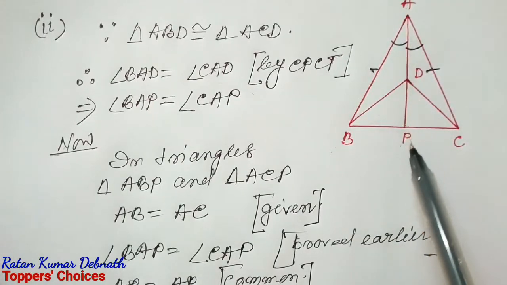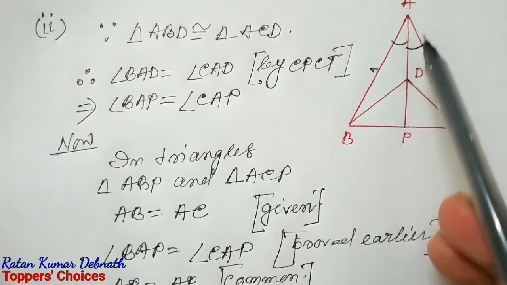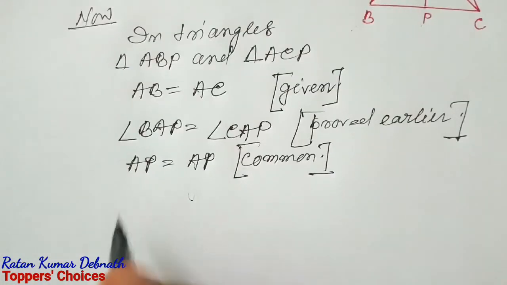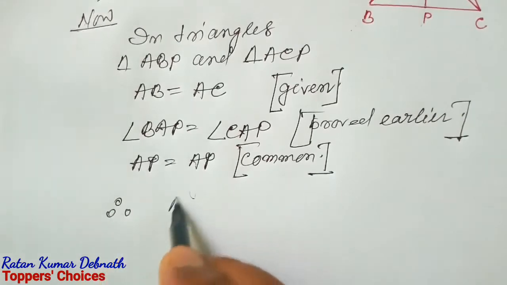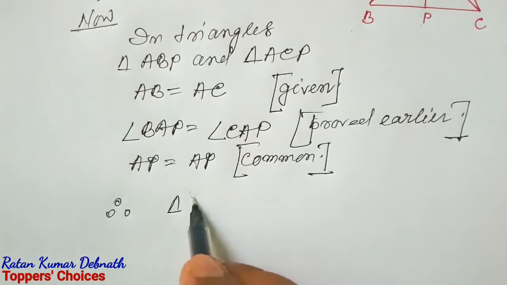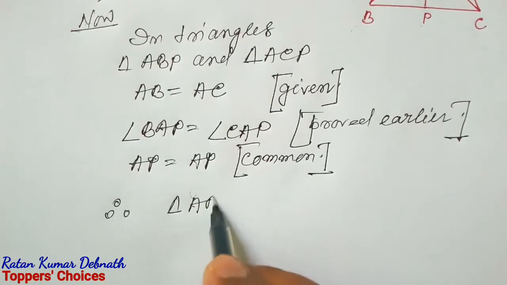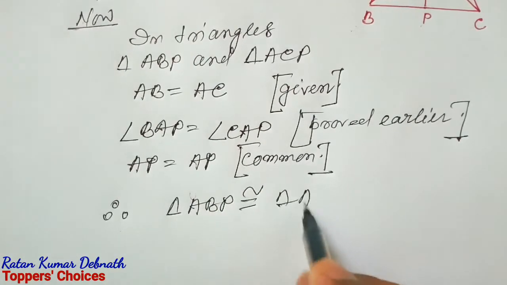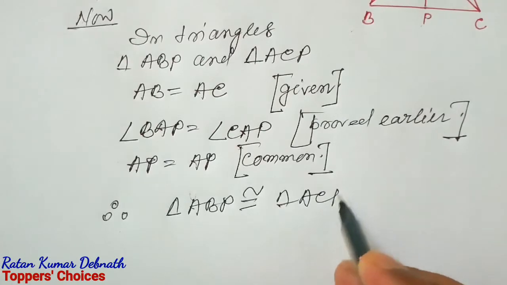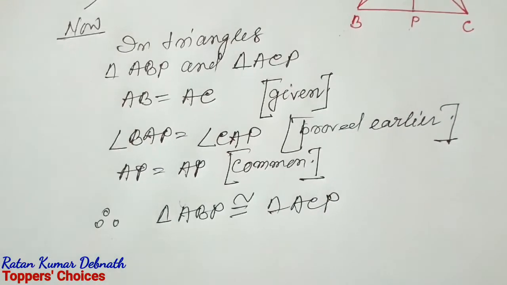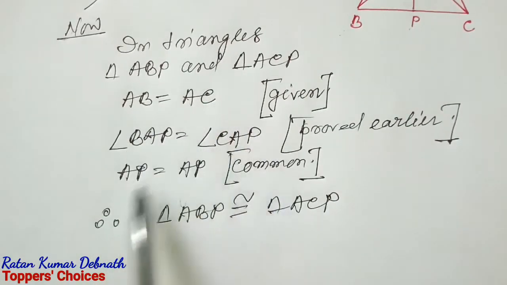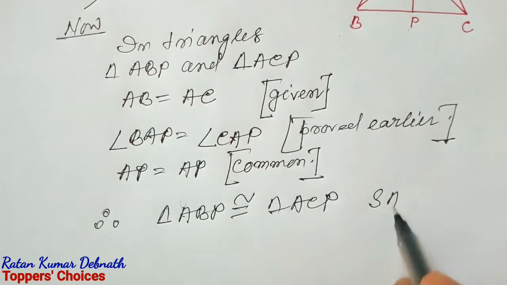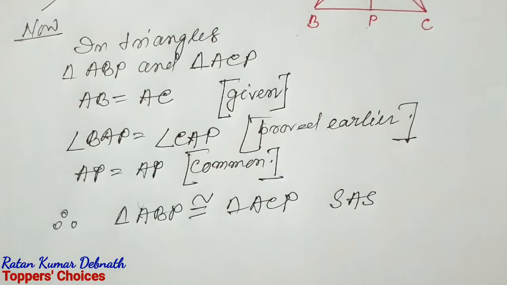This side is common to both the triangles. Therefore, triangle ABP congruent to triangle ACP. This is side, angle and side, by SAS congruent rule.